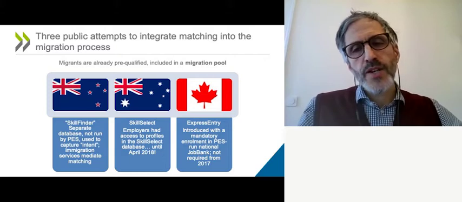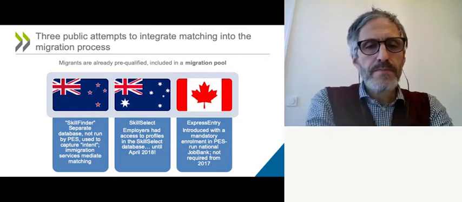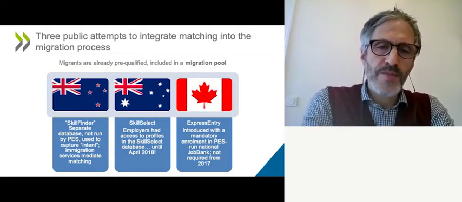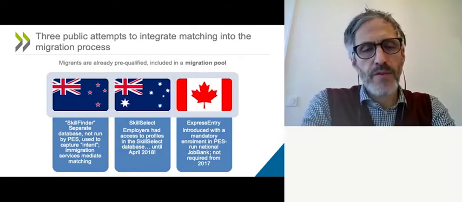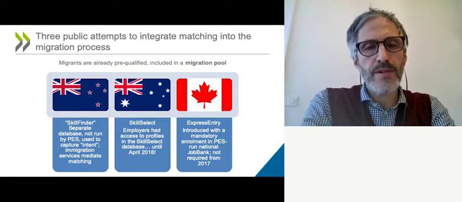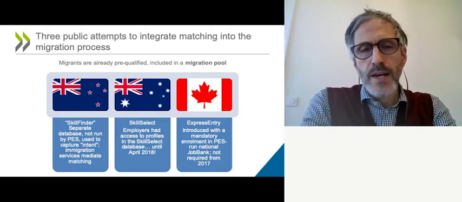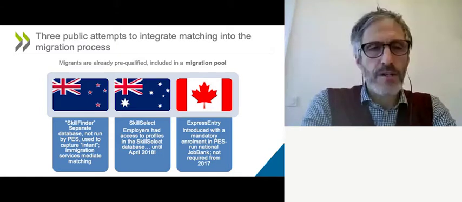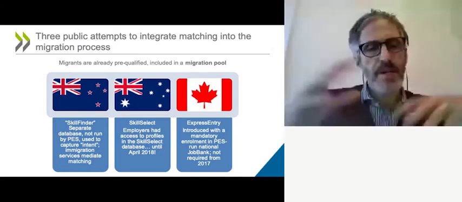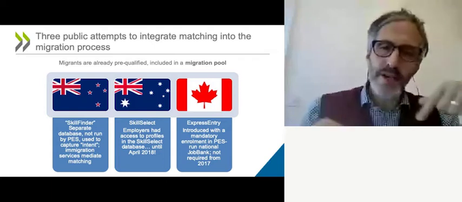So in the countries that are using this kind of a system for skilled migration, there are very different models for the link between employers and the pool. In New Zealand, there's a model which is not run by the Public Employment Service at all, but it's a vast list of candidates. I'll get into that.